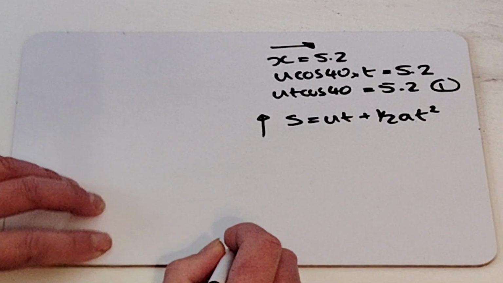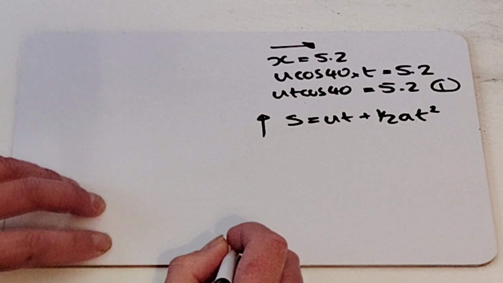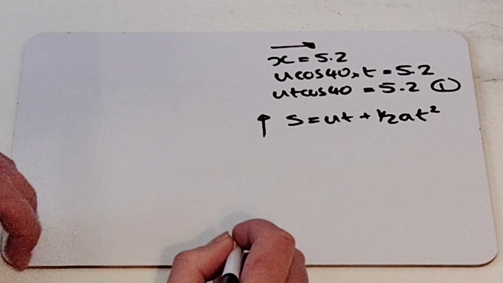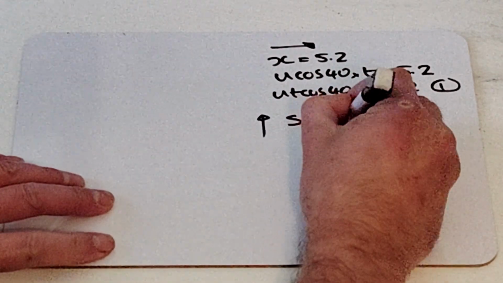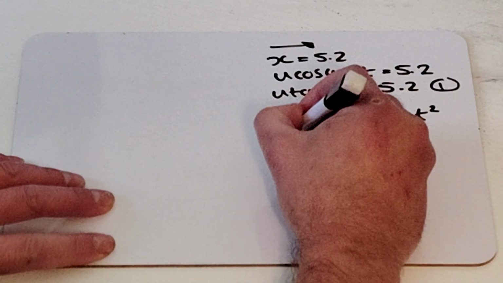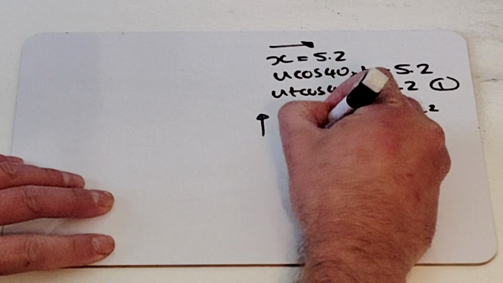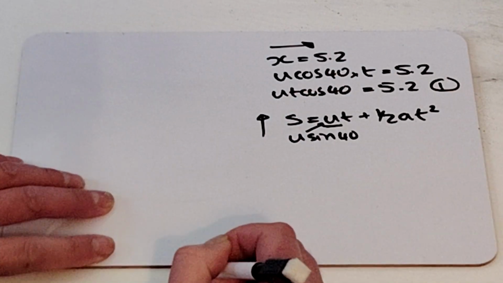Once again, we've got flight time t, we've got the acceleration a, which is actually gravity acceleration, and we've got our unknown t and our unknown u. In fact, this u here is our vertical initial velocity, which is actually u sine 40.